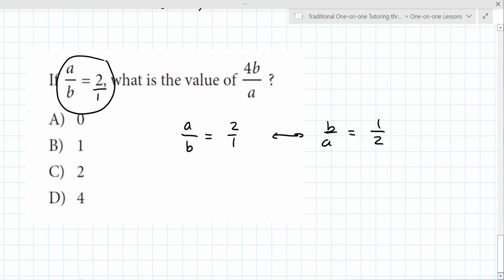Okay, so let me have you try one here. If A over B equals 1/3, what is 4B over A? Flip.